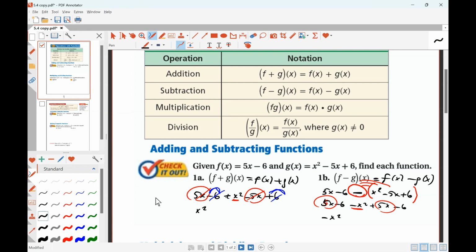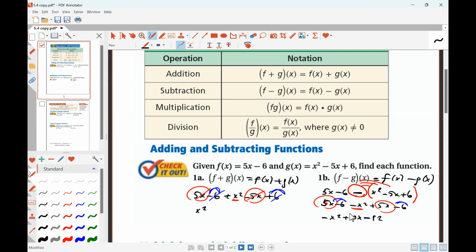It makes 10x. And what else? The numbers, the constants, negative 6 and negative 6. I will combine them, add them up. When you add them up, you get negative 12. So that's the result. Negative x squared plus 10x minus 12 is the difference between these two functions.